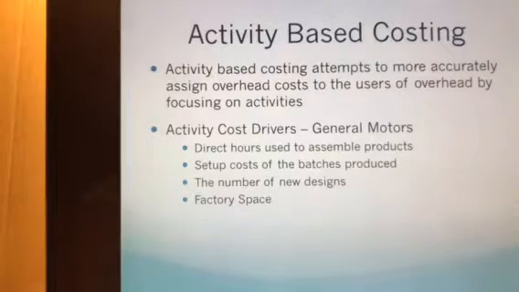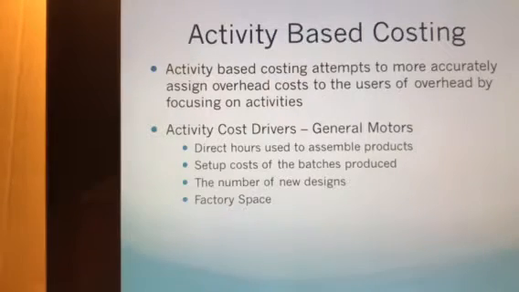And then plant service costs, which would basically be the square footage of the factory, paying for rent and whatnot. So it's these activity cost drivers that serve as the allocation base for each activity cost, and General Motors uses these costs to determine an expected activity level for each individual activity.